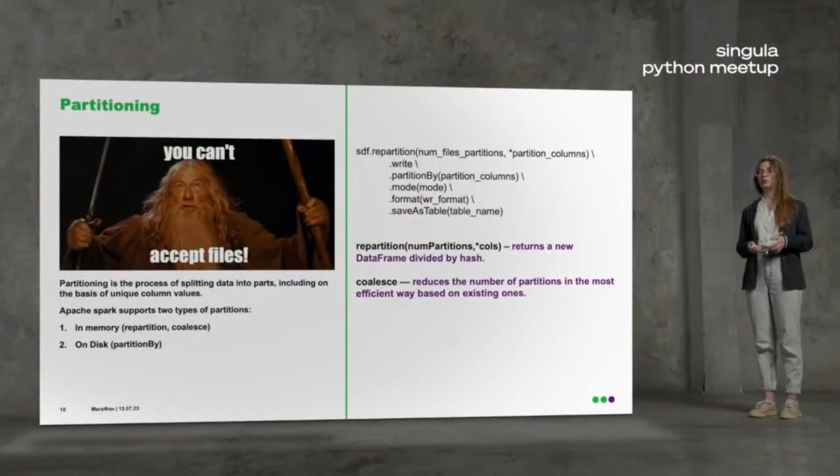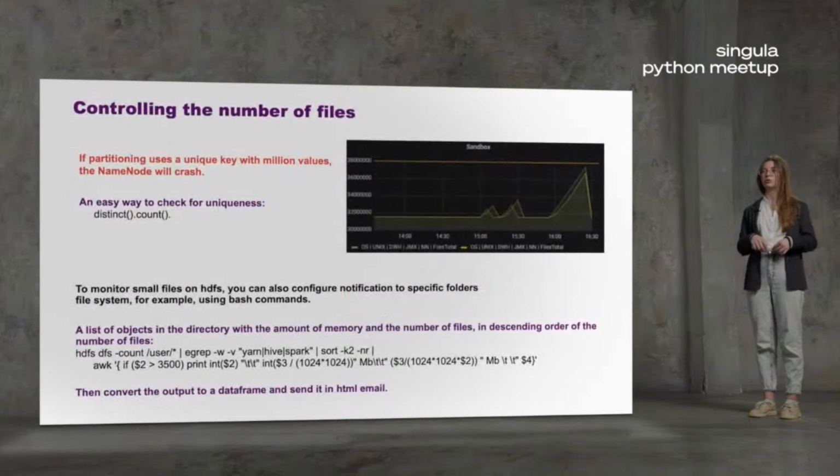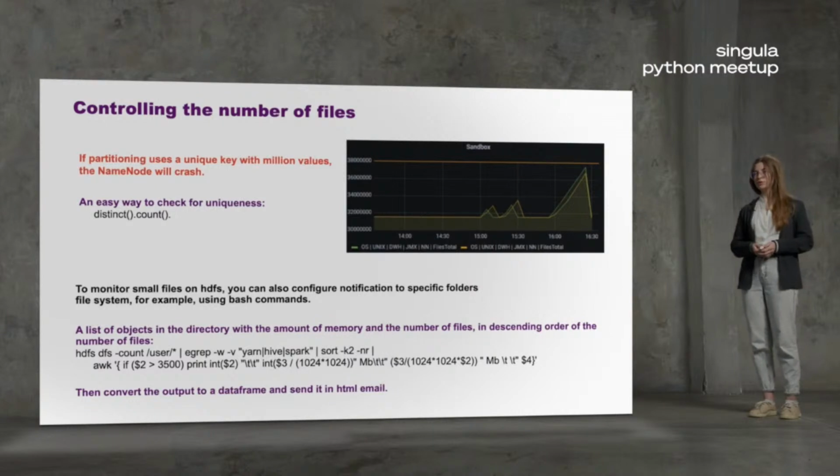Before saving, you need to check the number of unique values in the partitioning column. If partitioning uses a unique key with 1,000,000 values, the name node will crash. A simple way to check uniqueness by a column is distinct count.